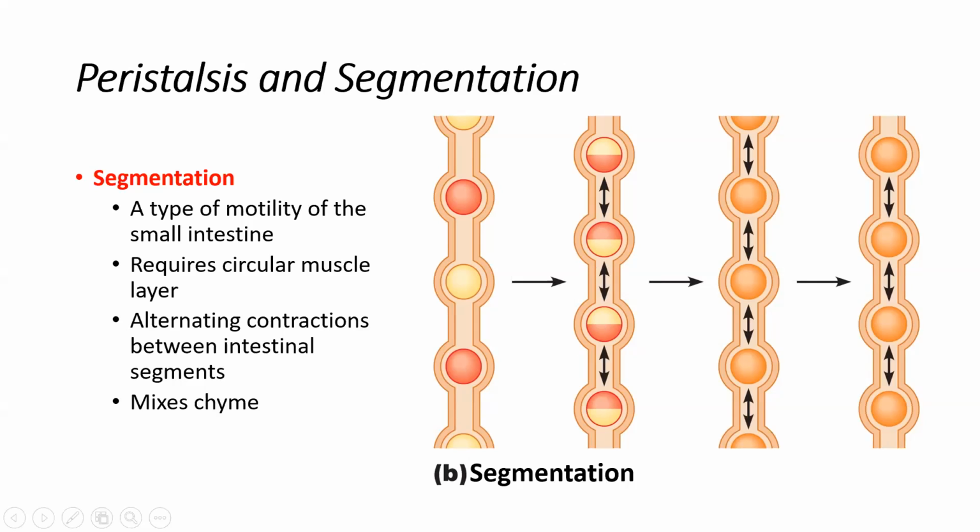Okay, so as I squeeze the proximal segment and I relax the distal segment, and then I squeeze the distal segment and relax the proximal segment, that is going to create the back and forth movement of food. So some of this food we can see here is going to start moving backwards, and by the time we're done, all of it is going to be well mixed as it moves back and forth, moving down the tube.